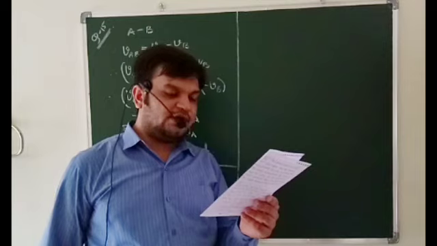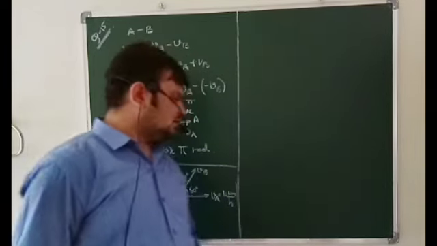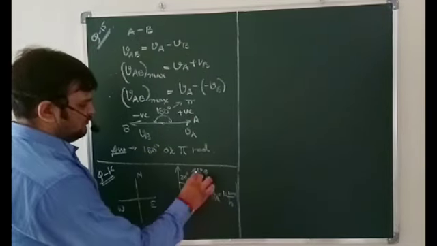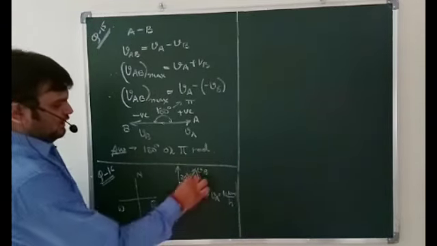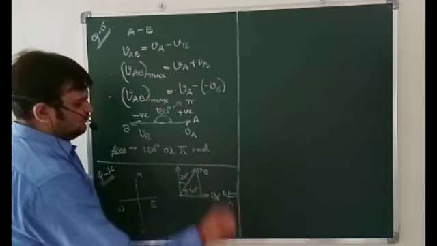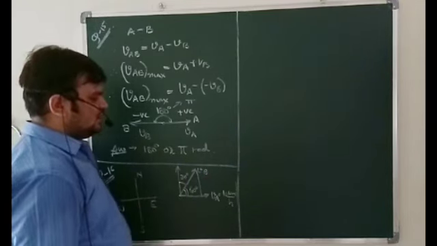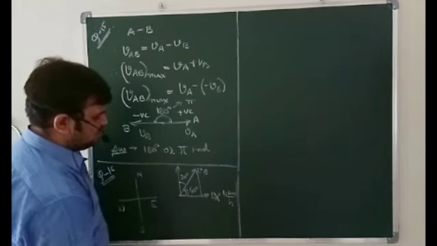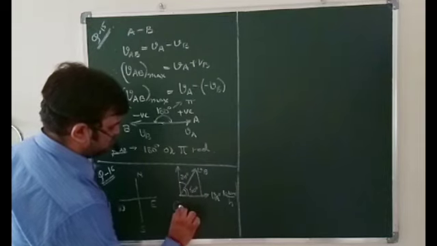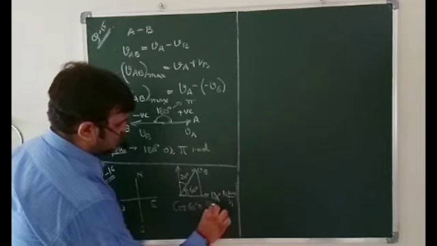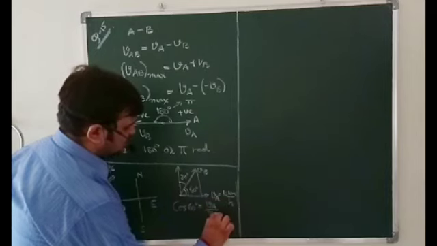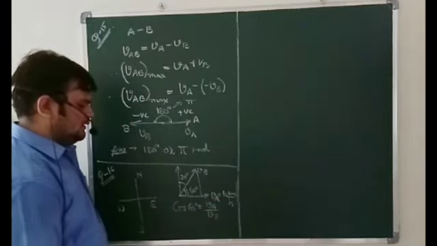So now we have to find out the speed of second ship. So here if we complete that triangle, then we have to find out the speed of that second ship, that means VB. So here cos 60, that is VA divided by VB.